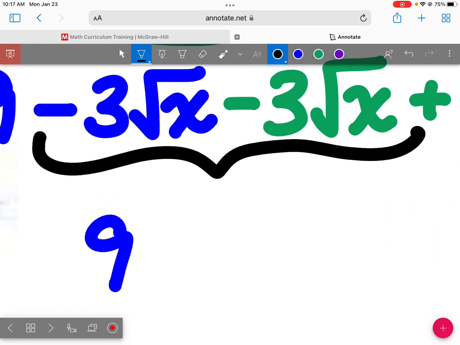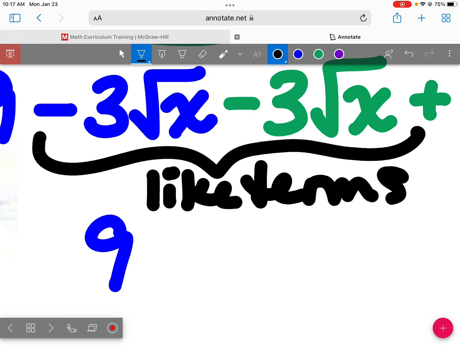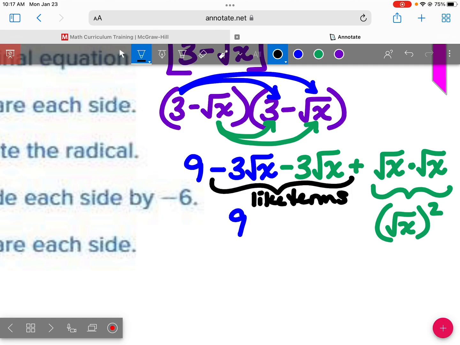These two pieces right here are like terms. How do I know that they are like terms? They're both negative, yes. What am I looking for on like terms with radicals? Same index, same radicand. Do I have the same index? Do I have the same radicand, the same piece underneath the radical?